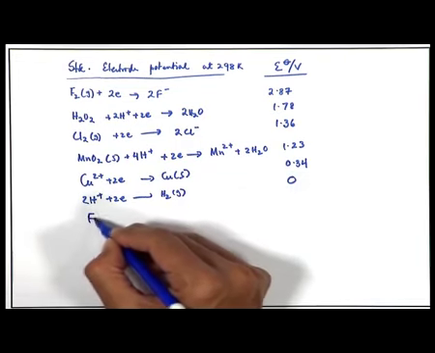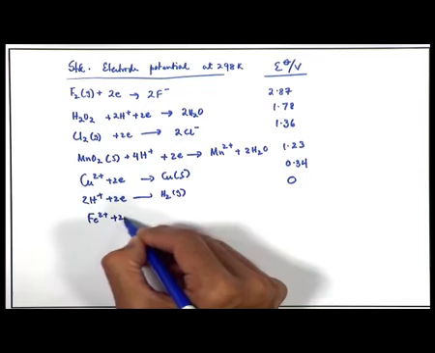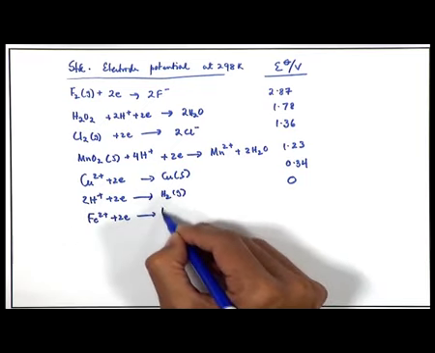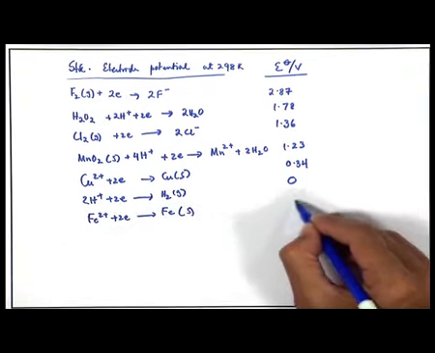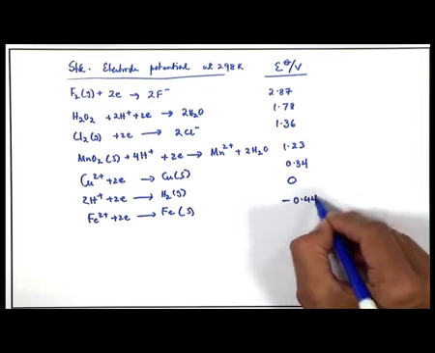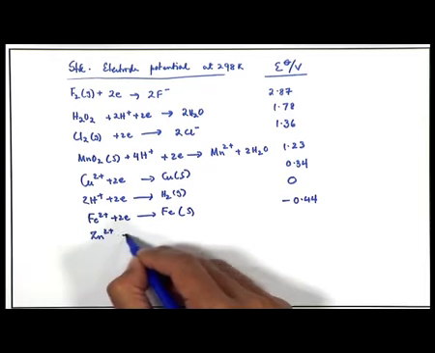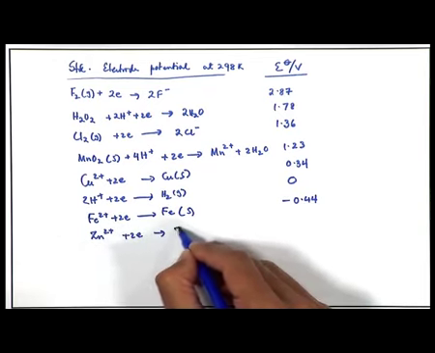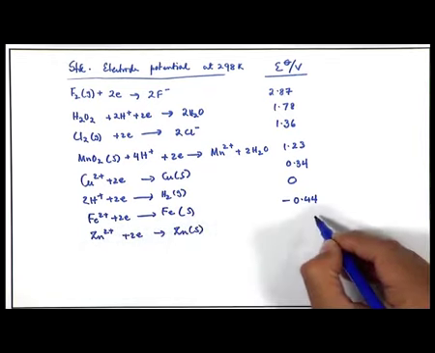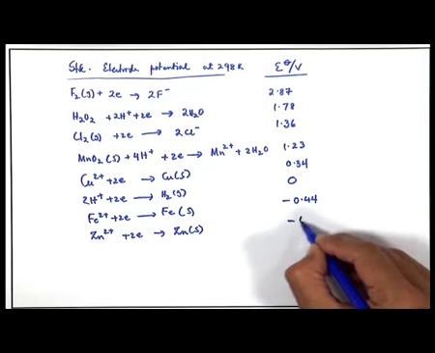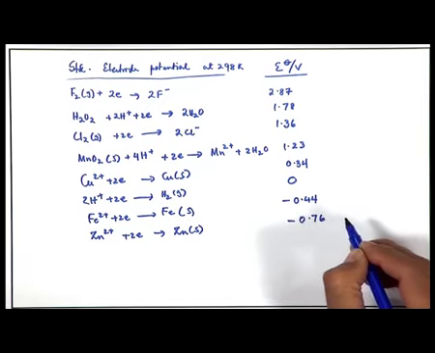Fe2 plus plus 2 electrons gives Fe solid, it is minus 0.44 volt. Zinc 2 plus plus 2 electrons gets you zinc solid, it is minus 0.76.